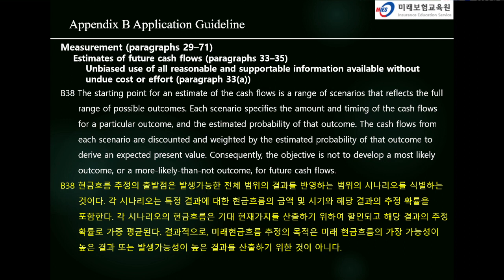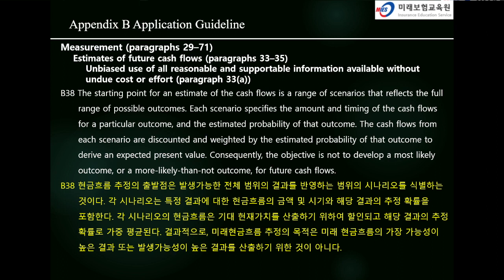It says each scenario, I mean, let's say if I run the example that I showed you for the cash outflows, I have 1,000 different scenarios. Each scenario specifies the amount and timing of the cash flow, right? Cash outflows or inflows, the amount and when it's paid for a particular outcome, out of a total of 1,000 different outcomes. And the estimated probability of that outcome.